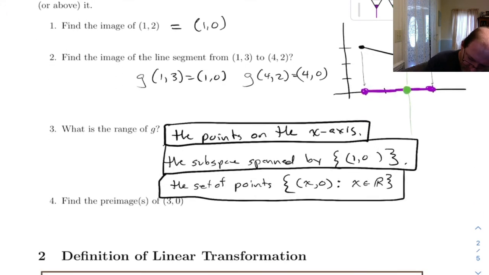So probably the easiest way to say this, I'm going to do it two ways, in English and then in set builder notation. First up, the easiest way is to just say the points with x coordinate 3.